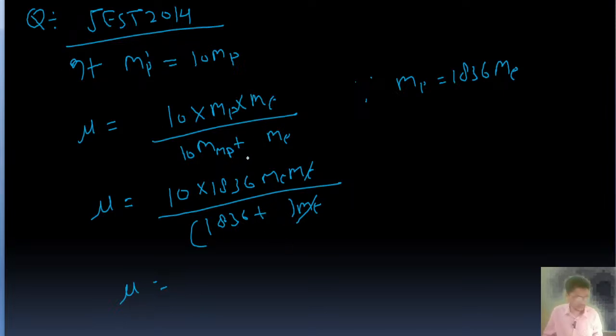So this is going to be 60 and 60, right? So this value is going to be 1836.0 upon 1836.1 into me. So from here, the value of mu upon me is going to be 0.99.